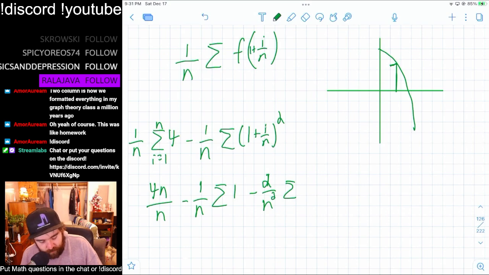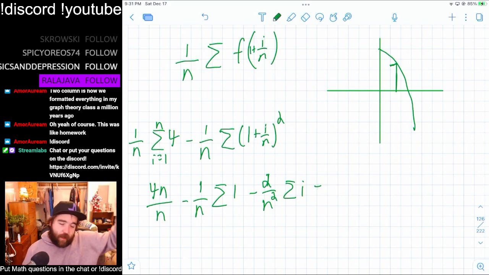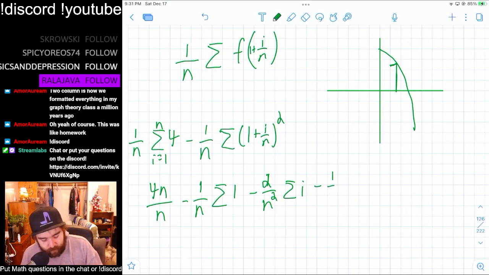So this is 2 over n squared of i. And then plus i squared over n squared. So it's still minus 1 over n, sigma i squared over n squared. So the n squared is coming to the front. So it's 1 over n cubed sigma i squared.